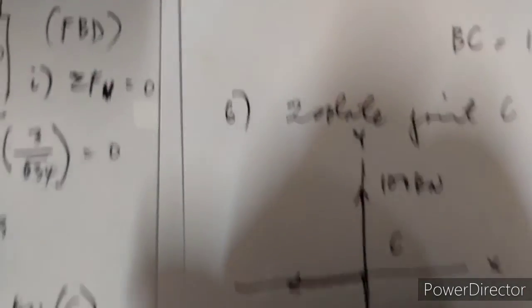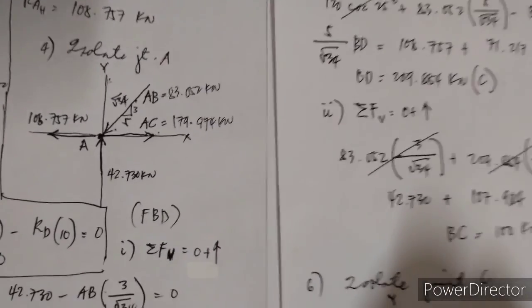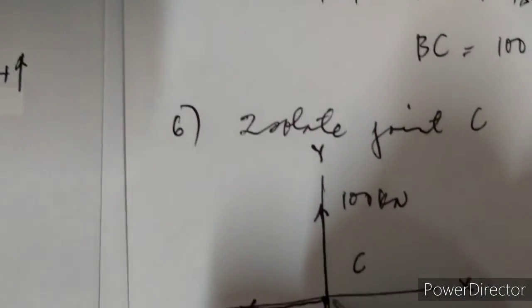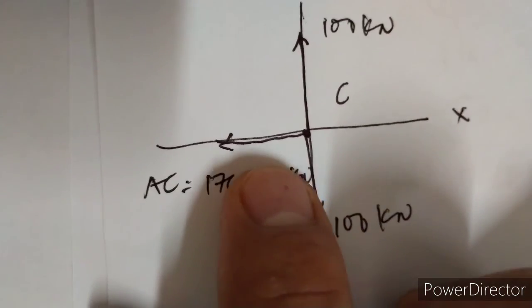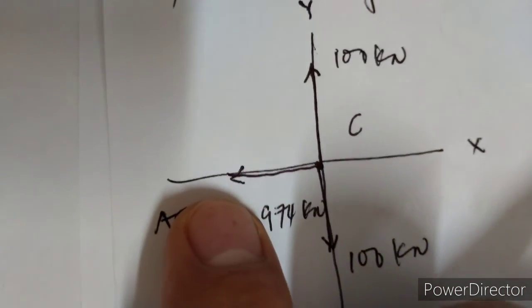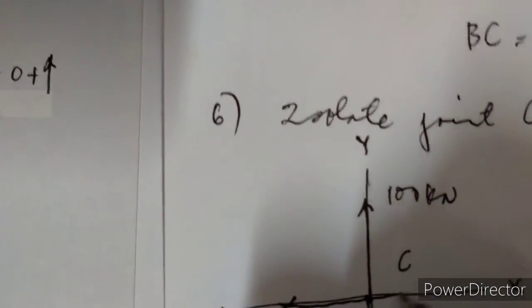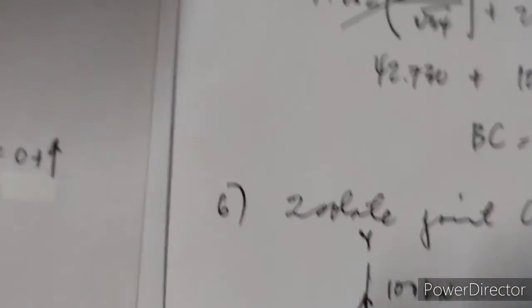But what is the value of AC? AC is equal to 179.974 kilonewtons. And last but not least is CD. Since AC has a horizontal force going to the left, to counteract this, CD should be going to the right. That's our assumption.